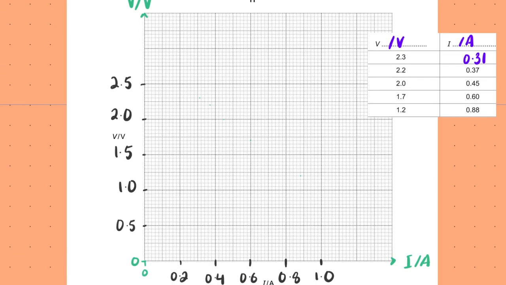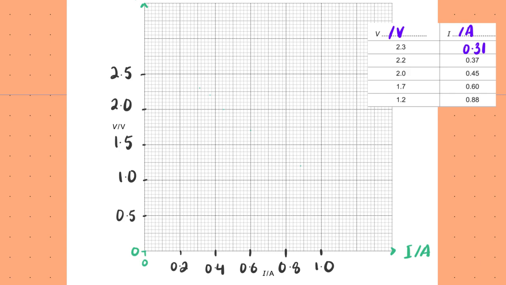So draw the best fit straight line. I need a thinner one than this. See if we can manage. So always make sure that your line goes through the entire graph, because you don't know what the examiner could ask of you in a later part.